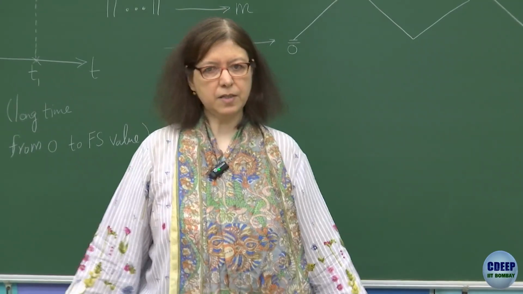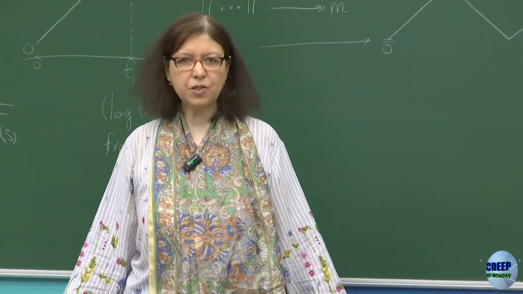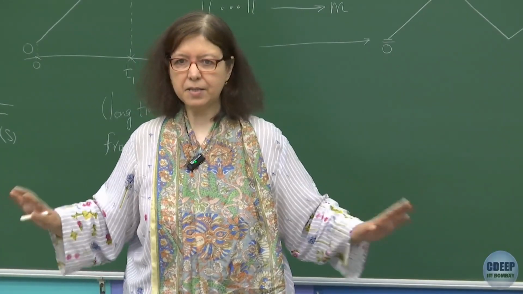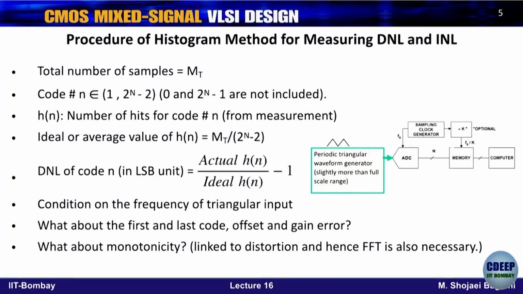Fine. And we discussed that the frequency has to be very low. We also mentioned that the first and last code can be tested separately, and then we use offset and gain error compensation. And of course, here we assume that the ADC is monotonic. As I told you, if we have a non-monotonic ADC, I think we should not even fabricate it.